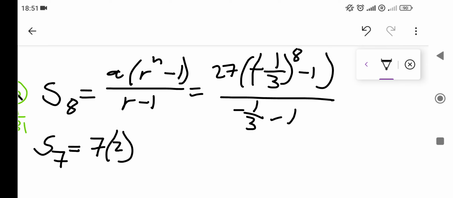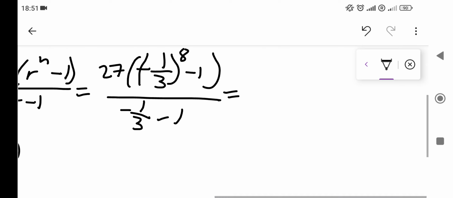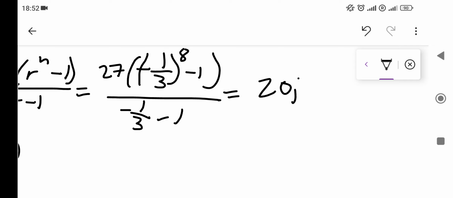Okay, this is all going to be some calculator work, so let's put this in the calculator for a quick second. Right, and the value that we get there, rounding off, is 20,26.